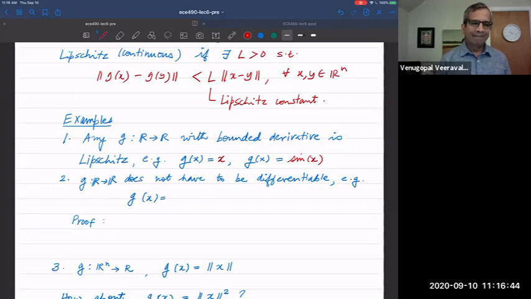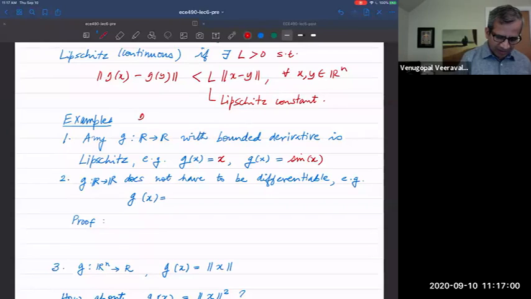So bounded derivative, what does that mean? No one? So think about Taylor's theorem. What does Taylor's theorem say? So g is a one-dimensional function on the real line. So g(x) minus g(y) is basically the derivative of g at some point z times x minus y.